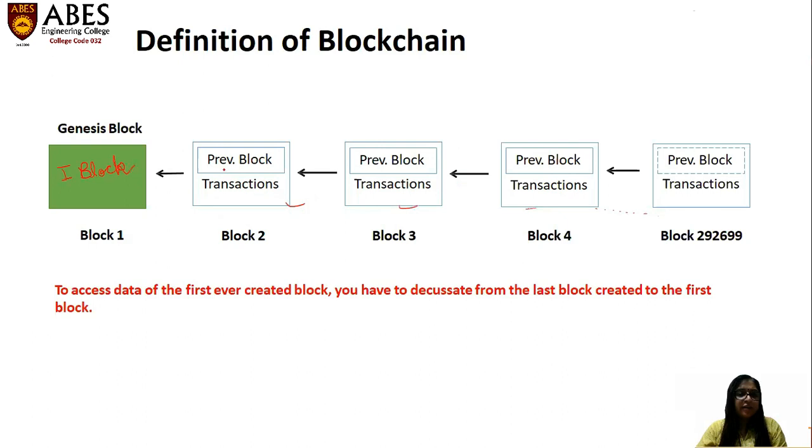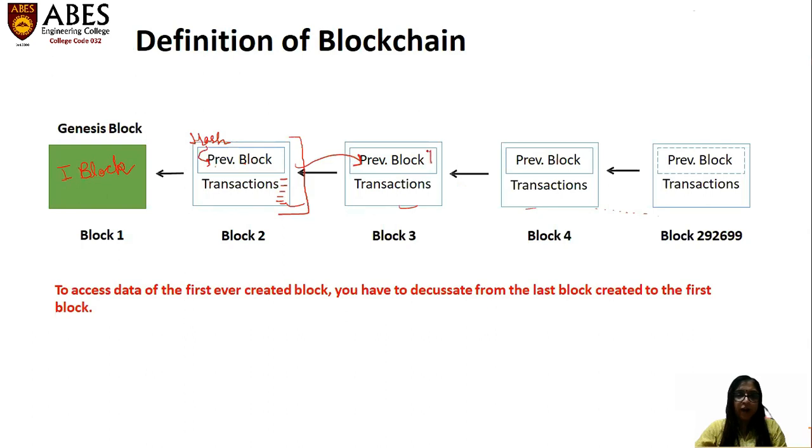The important thing is that there are two important parts: every block has the hash of the previous block, and the number of transactions in this block. In the same way, the hash of this block is stored in the next block.